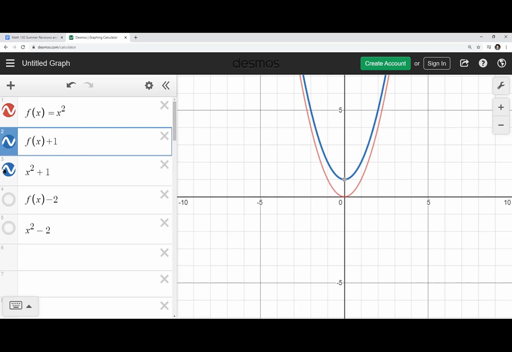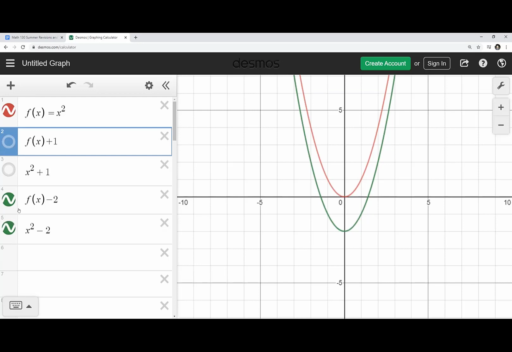Now, what if we had f of x minus 2? We're subtracting 2 on the outside, so that brings our graph down 2 units. The algebraic notation for that is x squared minus 2. So if you add a number on the outside, positive numbers shift up, negative numbers shift down.